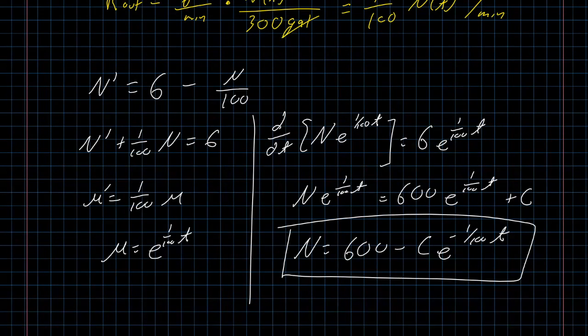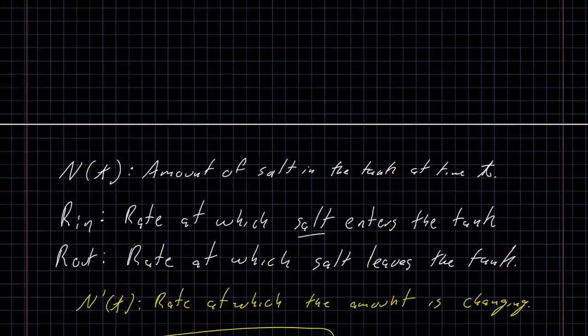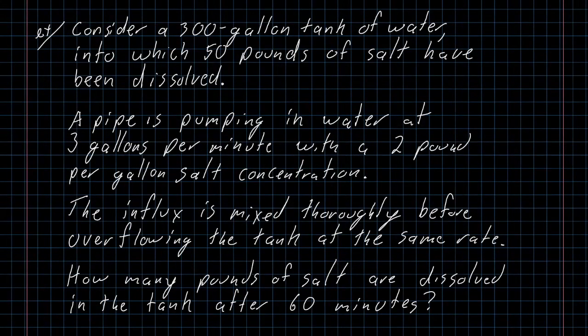But this time we're not done, because we have one more piece of information that we haven't used yet. If I scroll way up and go back to the original statement of the problem, when we started this tank, before we started pumping water into it, there were 50 pounds of salt dissolved in the water in the tank.